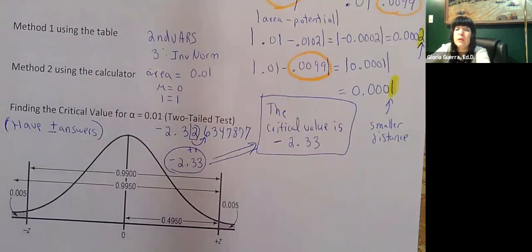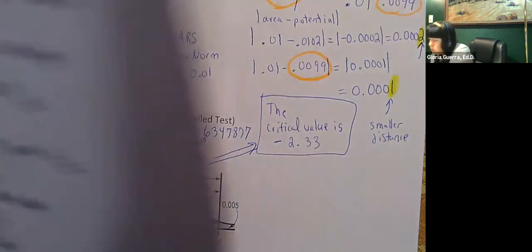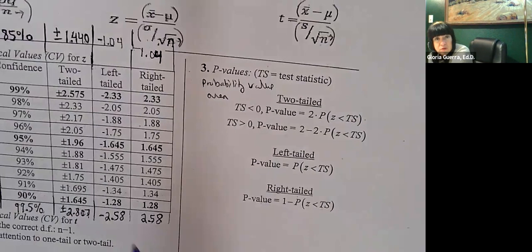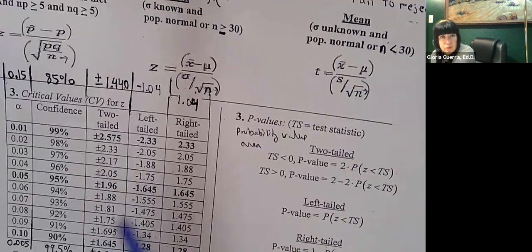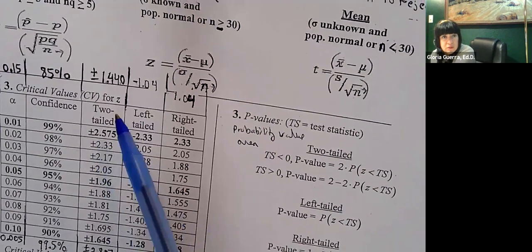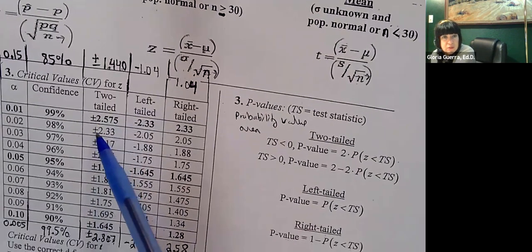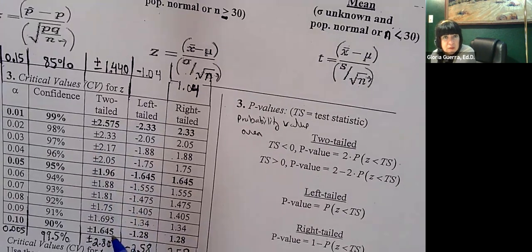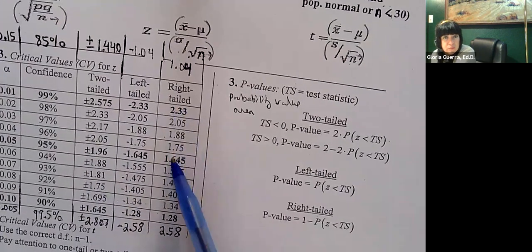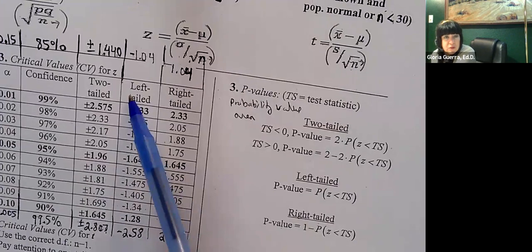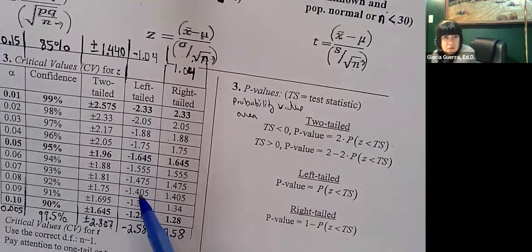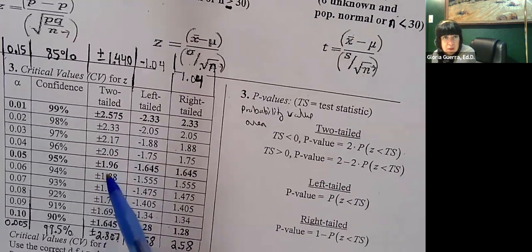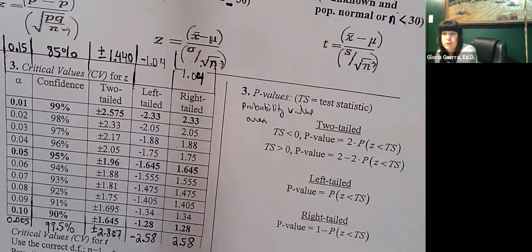And I can show you this in the multiple regression lesson. The last thing I'm going to do, I'm going to show you this table. These are the extra sheets I ask you to print. You see two-tailed tests. See how all these have plus or minuses? And you see how the right-tailed tests, they're all positives. And you see how the left-tailed tests, they're all negatives. So that's the standard for that, okay?